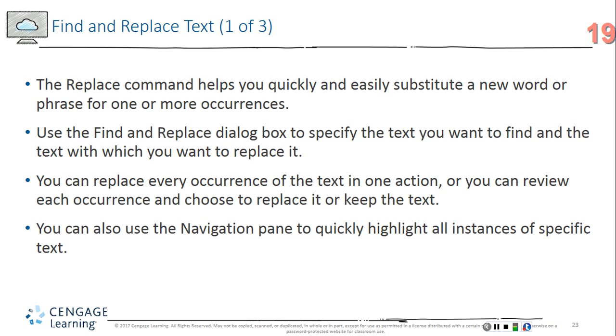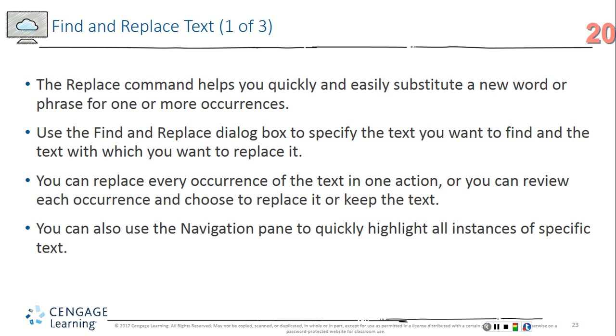So this gets very handy when you have a long document. Let's say it's a research paper or some other type of paper that you've written. And let's just say, for example, that you figured out that you have misspelled an author's name, or maybe you've misspelled some technology that you may be writing about in your paper.